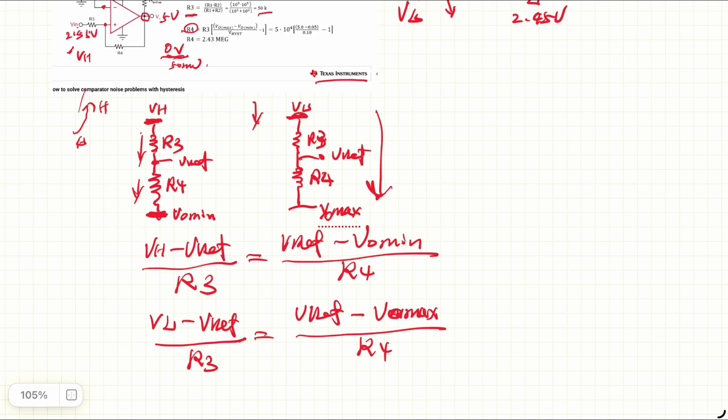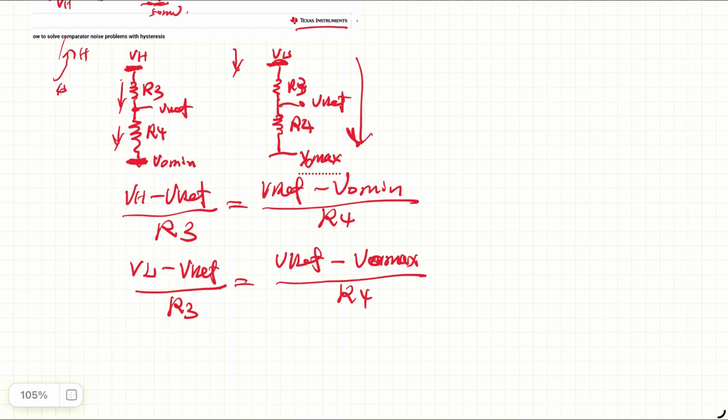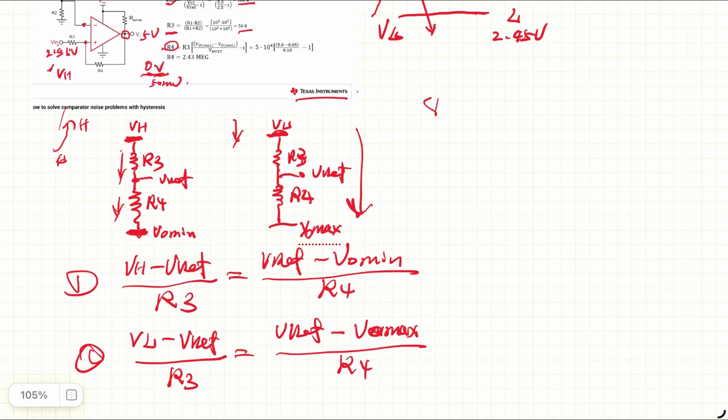What we can do here is use equation 1 and subtract equation 2. Then the VREF cancels. When we subtract these equations, the denominator is the same R3, and the numerator is VH minus VREF minus VL plus VREF, and VREF cancels.